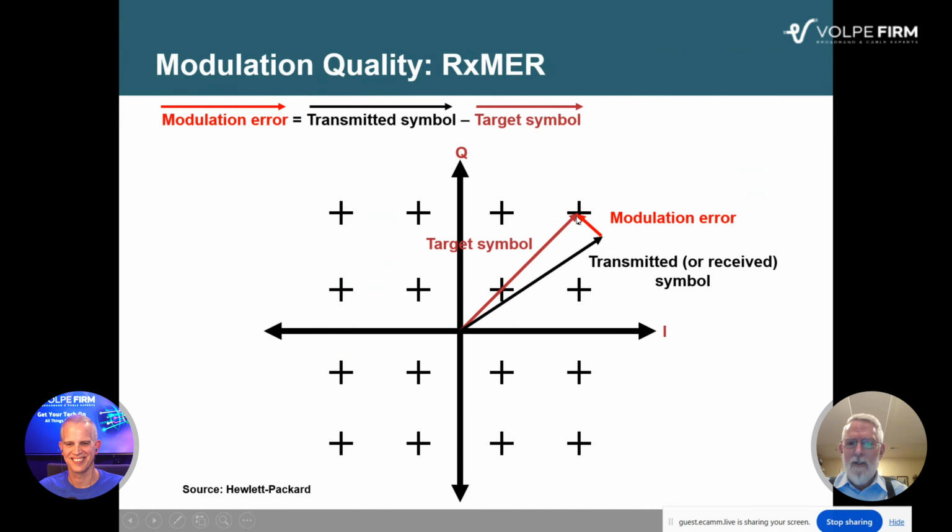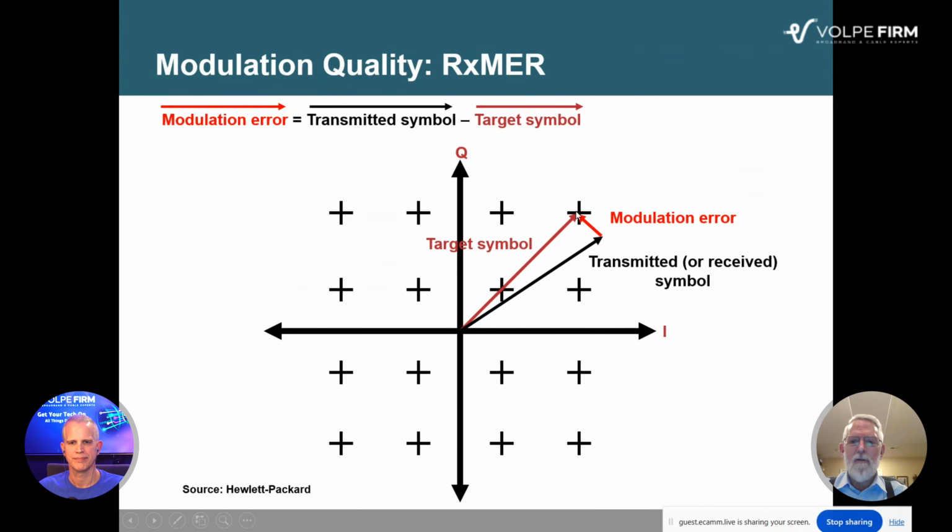The difference between the target symbol and the transmitted or received symbol, keep in mind this could be the received symbol out in the field someplace, is represented by this little red arrow here that's called a modulation error vector. And there's this simple formula up here.